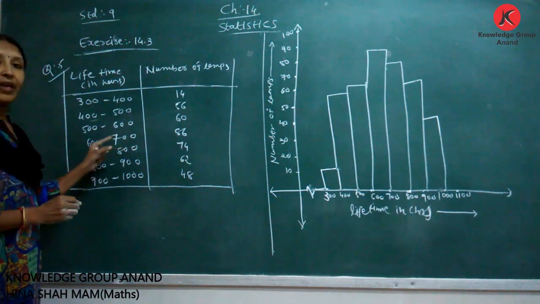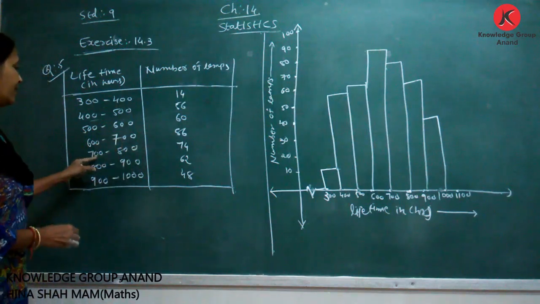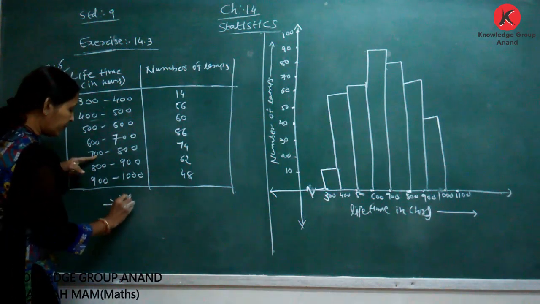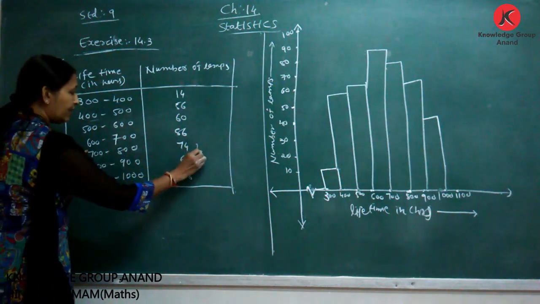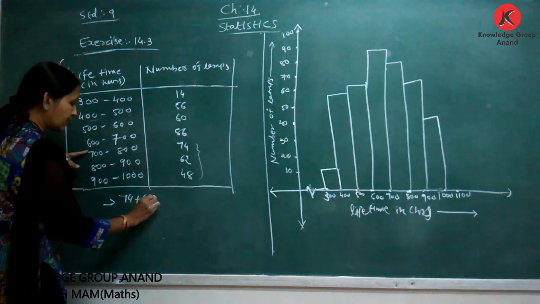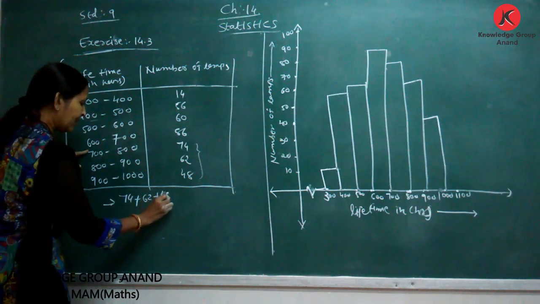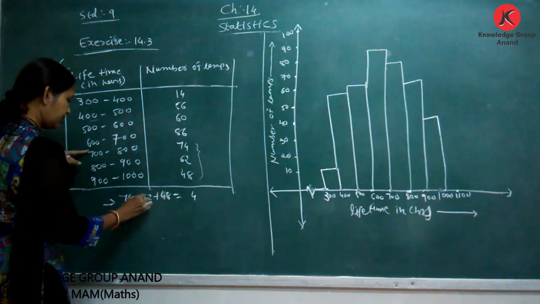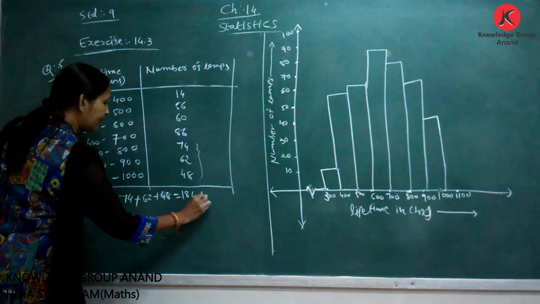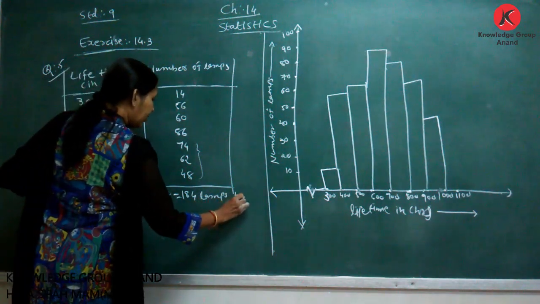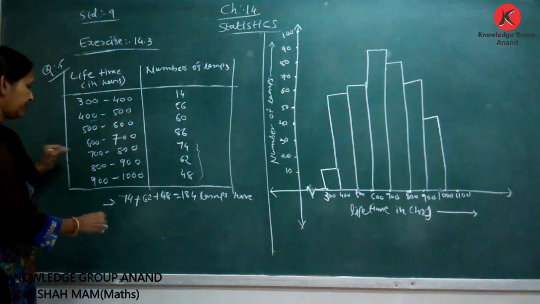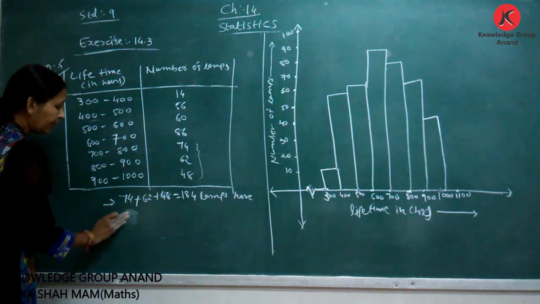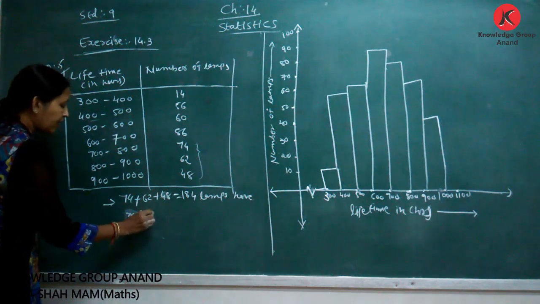More than 700 is here: 74 plus 62 plus 48 equals 184. So 184 lamps have a lifetime of more than 700 hours.